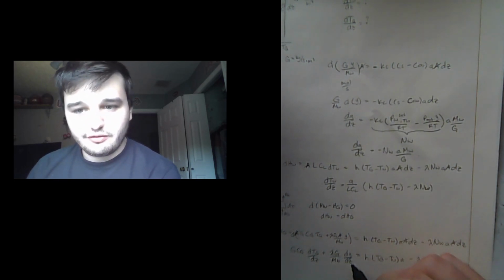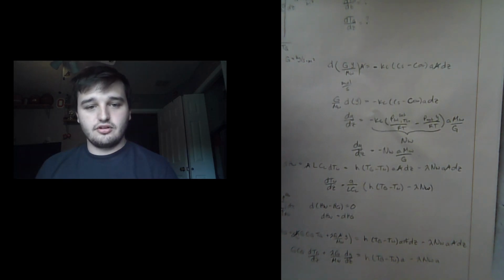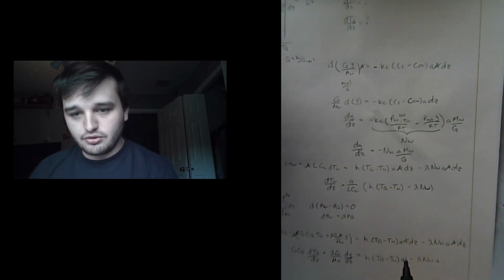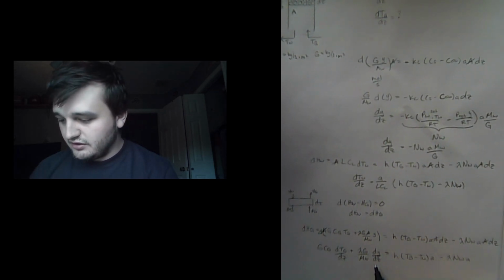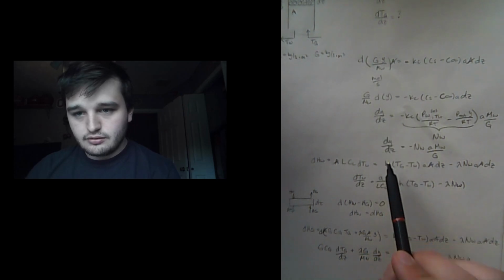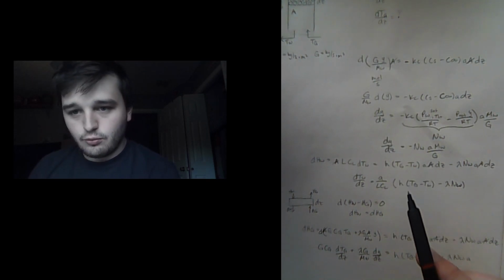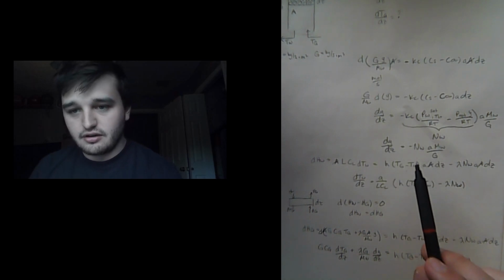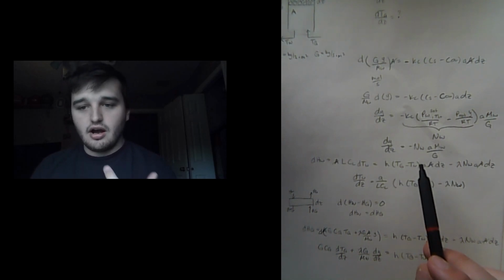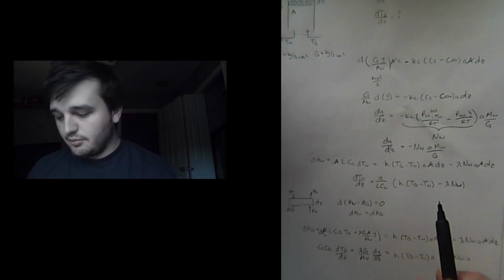Well, we know that we already found the change in mole fraction of water with respect to position in that cooling tower, dy/dz, up here, right there. That's our first differential equation. So if we look at what dy/dz is equal to, it's equal to the negative molar flux of water times the specific area times the molecular weight over the gas flow rate.